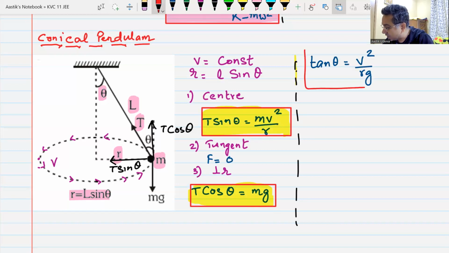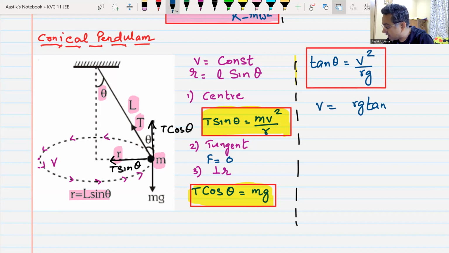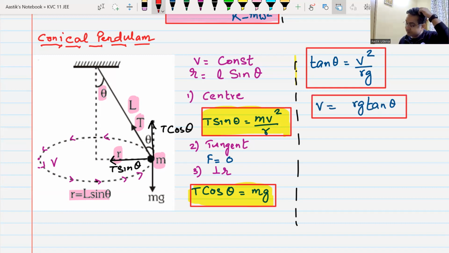All of these relations are very, very important because any relation can come in the examination hall. Tan theta is equal to v square by rg, or you can also write it in terms of v: the speed v will be root over rg tan theta.